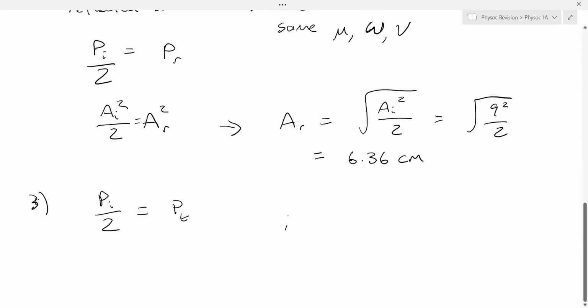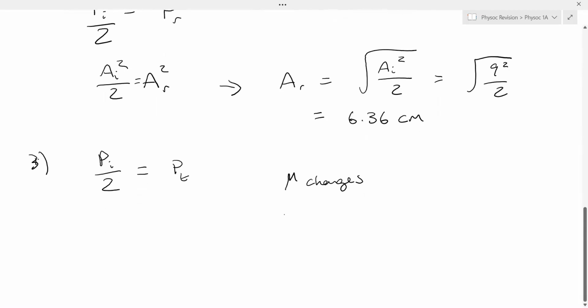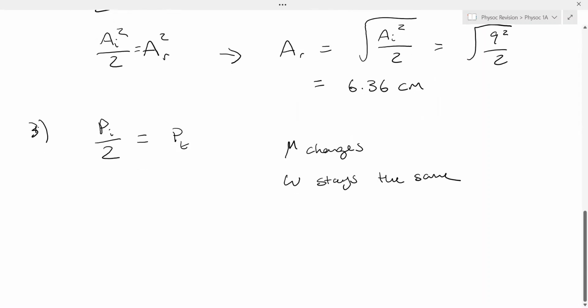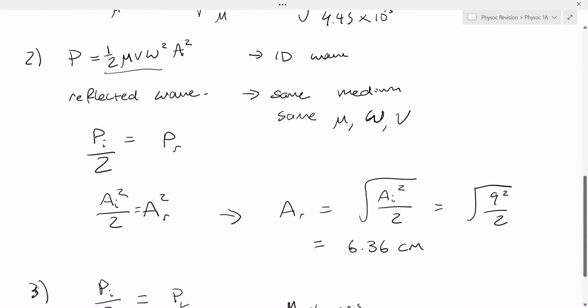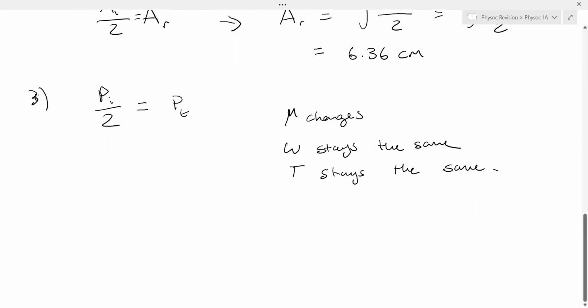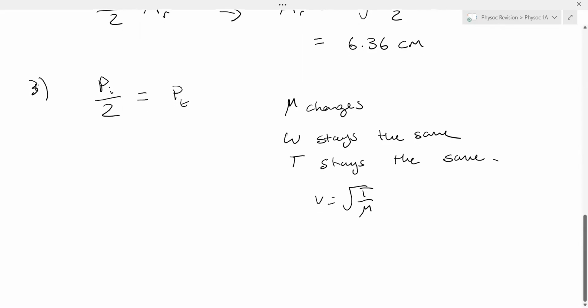So mu changes, the frequency stays the same, and we know our tension stays the same. But in our power equation, we have this velocity, which we know is related to the tension. So let's get that out. V is equal to the square root of T over mu.